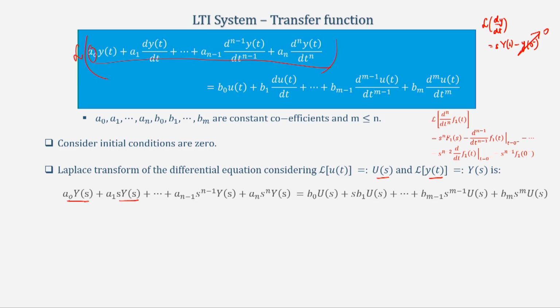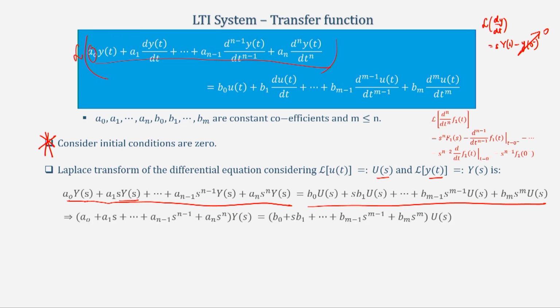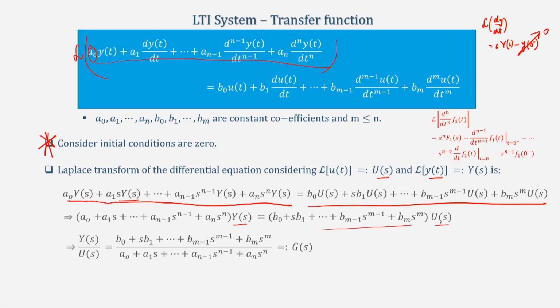Similarly, using the cyclic property that I had shown, this is what will be left on the left hand side. Similarly, on the right hand side you will get this. Remember, very importantly, the initial conditions here are 0. So then I can take everything together, Y(s) like this, and on the right hand side we have this. So finally Y(s) by U(s) comes out to be this, which is basically a rational function with a numerator polynomial and a denominator polynomial.